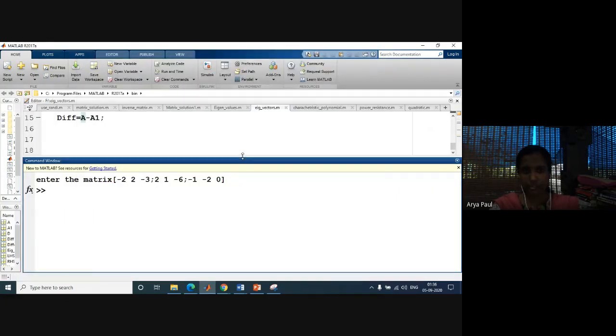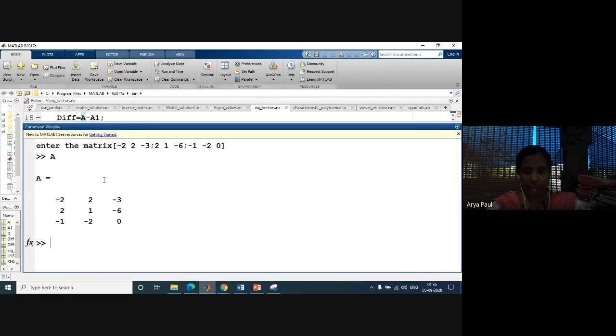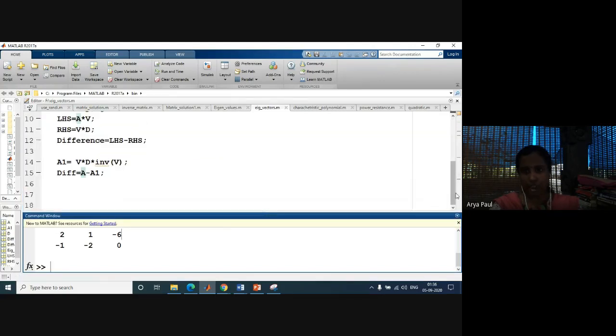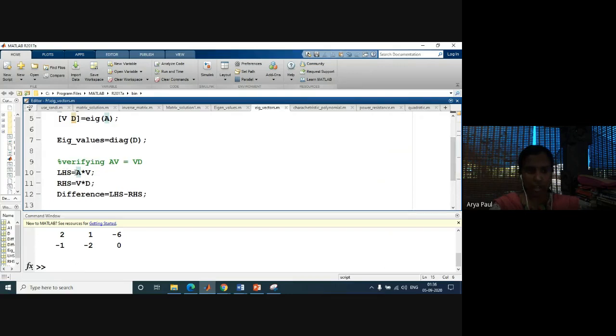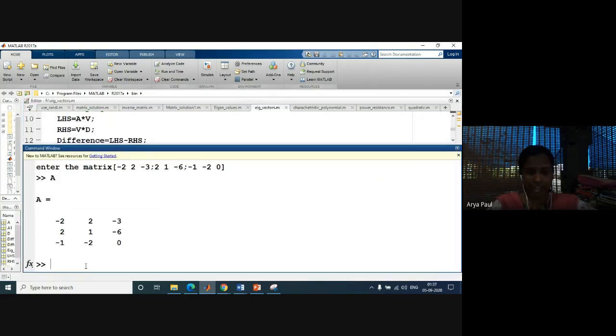So this is the matrix A. Just type A. Now if you type the eigenvalues, which you have already seen. Now you can verify this LHS and RHS, AV and VD.